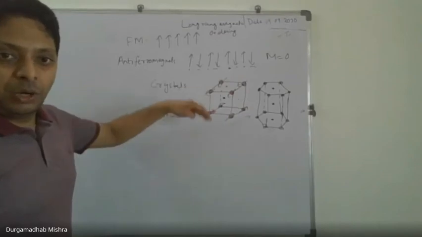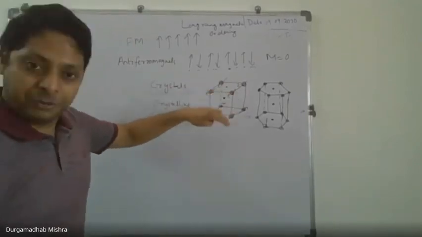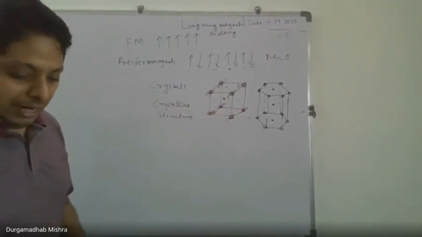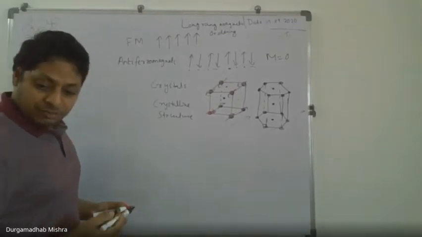We will not really go into the details. There can actually be many different magnetic configurations here, so I just give one example. And what are the materials which are antiferromagnets in nature?